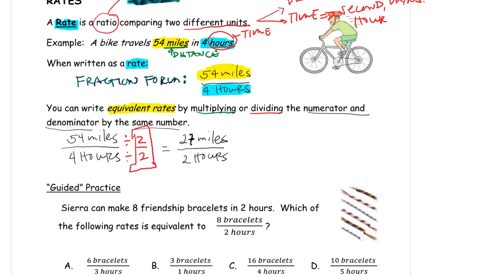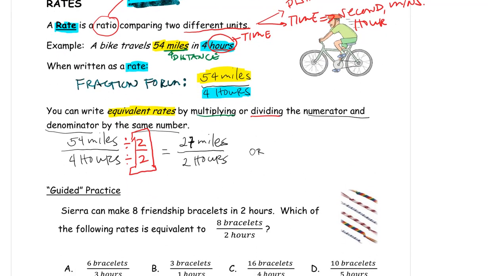Or you can also find the equivalent rate by multiplying. Again, if we start with 54 miles all over 4 hours, and we multiply that by, let's say, 3, both the numerator and the denominator.